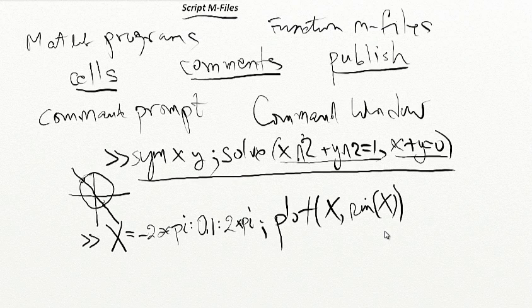And if you issue that command, of course, you will get the sinusoidal curve on the interval minus 2 pi to 2 pi. So for x between minus 2 pi and 2 pi, that command will plot sine x on that interval.